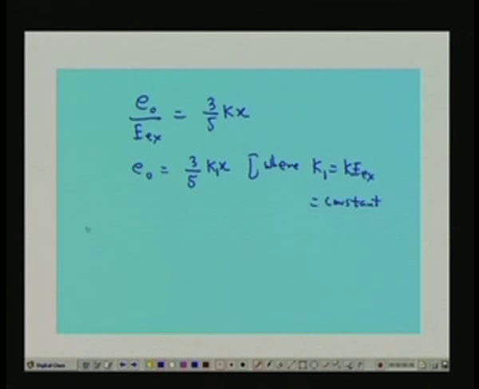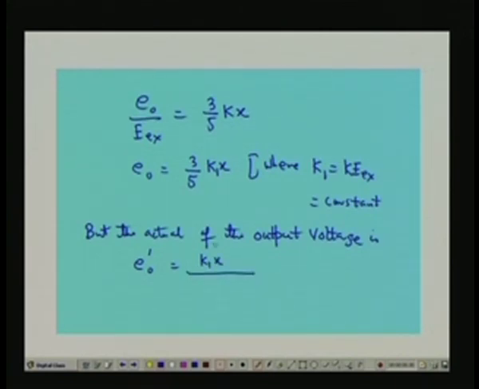But the actual value of the output voltage is, if I take that one as E naught dash equal to k1 x, the very first equation, 1 plus 2 by 3.